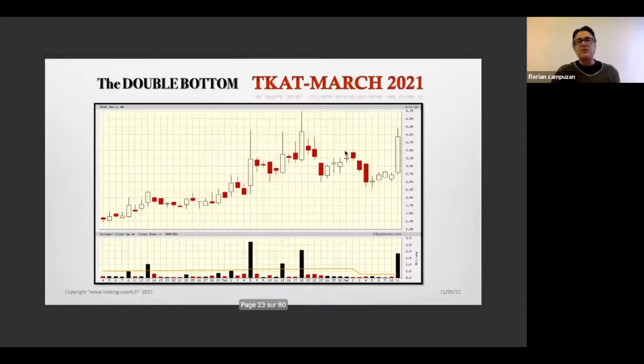The double bottom, you know it by heart. This was a really, really good trade here. Easy trade, obvious trade, because, like I say, trading consists in losing the least between two big winners. It seems simple to understand, but before being consistent, I was a yo-yo guy.